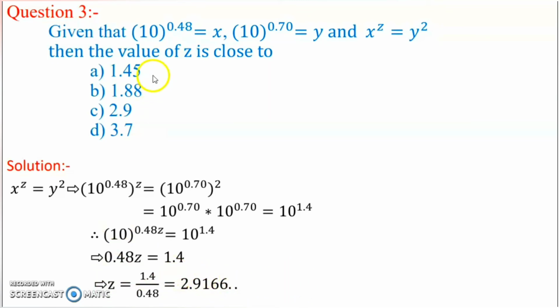Now you are not asked the actual value of z, but you are asked the value of z which is close to one of the options. So here z is equal to 2.9166. So the z is close to 2.9. So the option which is correct here is option C.